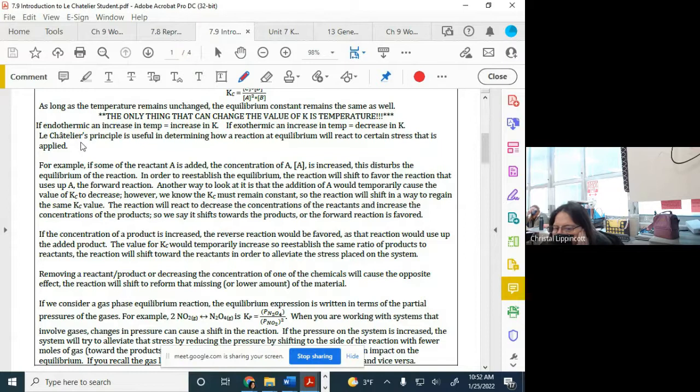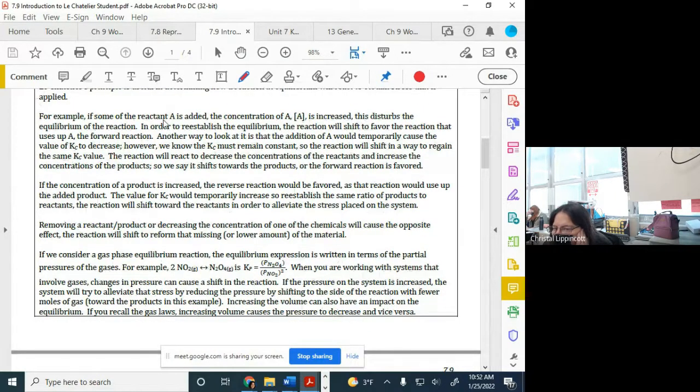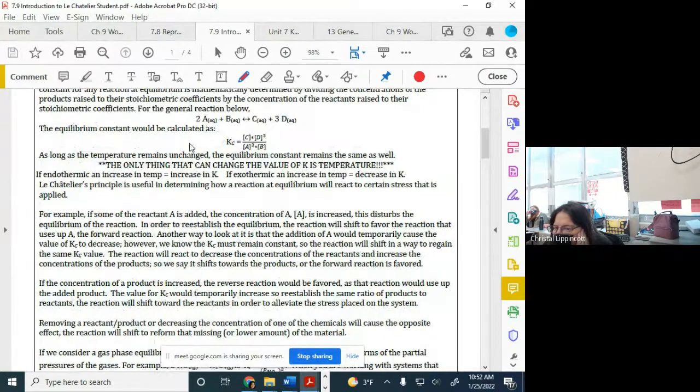Le Chatelier's principle is useful in determining how a reaction at equilibrium will react when we apply a certain stress to it. For example, if some of A is added, then the concentration of A is increased. That's going to disturb our equilibrium. So if we're pumping more of this in, that's going to cause the reaction to shift and form more products.